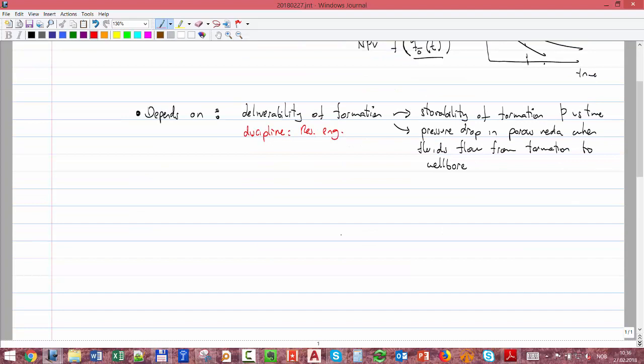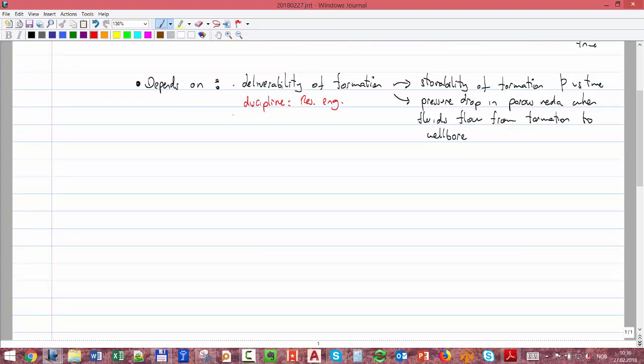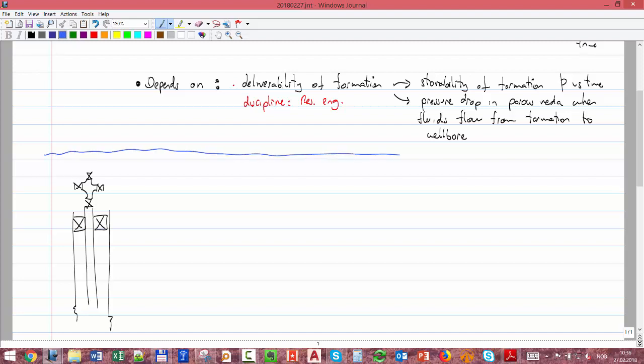But then, I like to make a drawing here. So let's make maybe a subsea well.